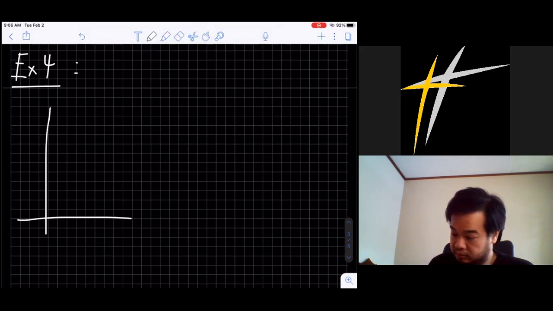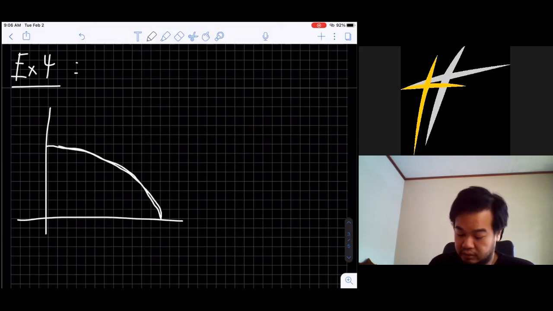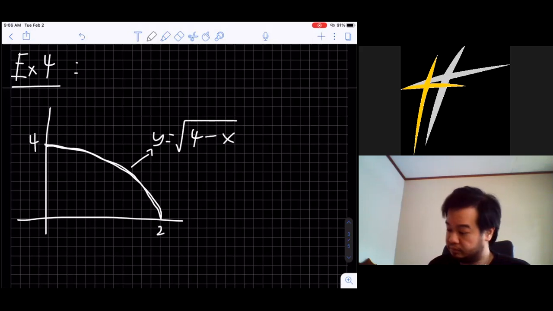So, y equals square root of 4 minus x. This will be 4, this will be 2. It's flipped.